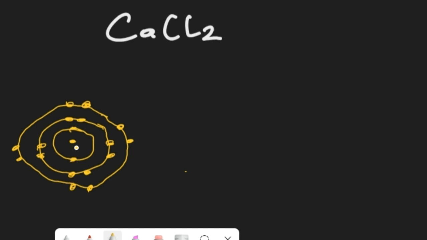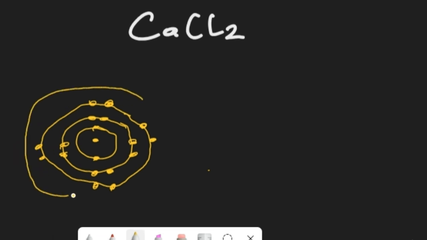All right, so this is 2, 10, 18, and then 20. So this is a calcium atom now. And how many shells? You can see it has 1 2 3 4, 4 shells.